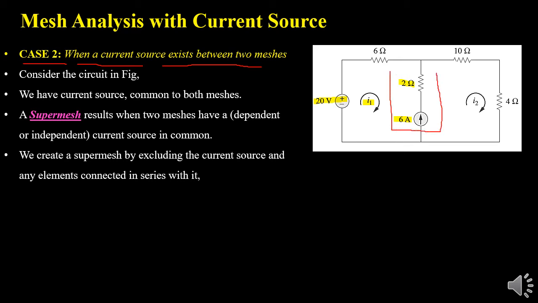Now to solve this, we will make a super mesh. Whenever two or more meshes in a circuit have an independent or dependent current source in common, we will use a super mesh. And a super mesh is created by excluding the current source and the elements connected in series with it.